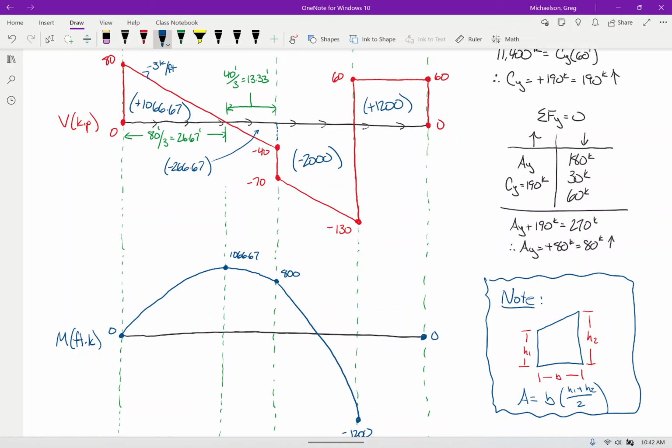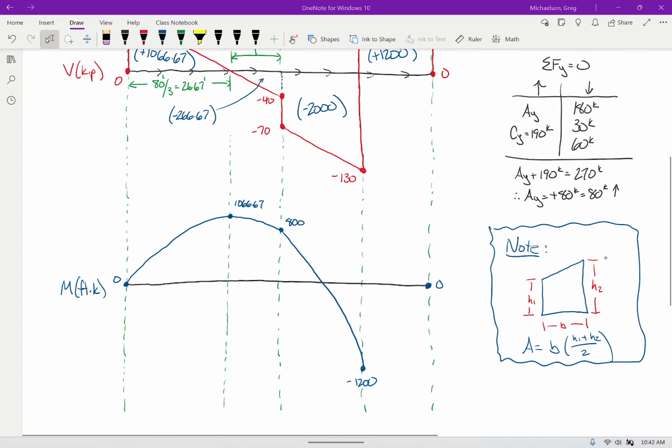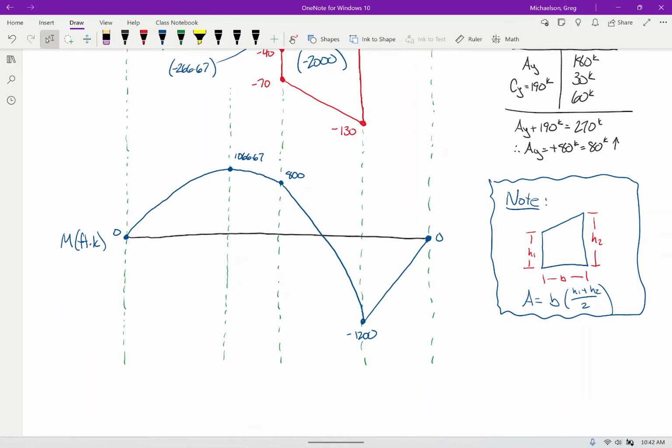And, by the way, what does this look like? Line. It's a line. Constant shear, linear moment. And that's your moment diagram.